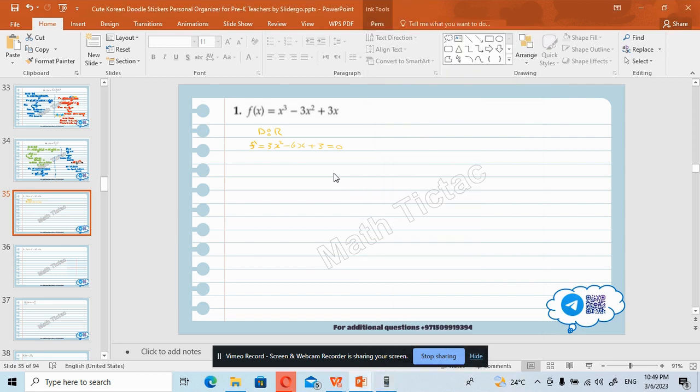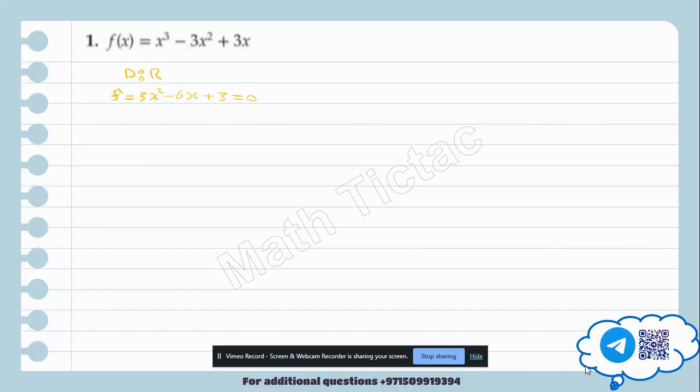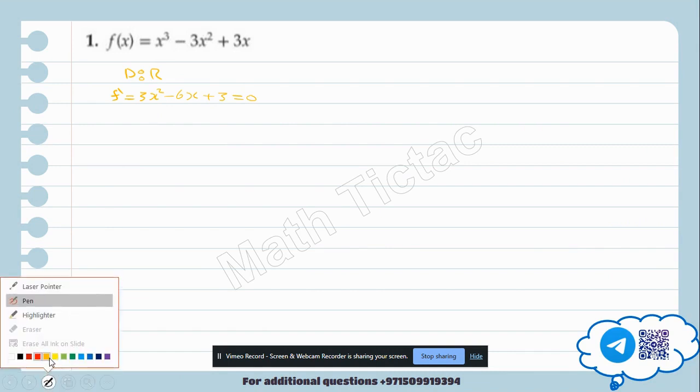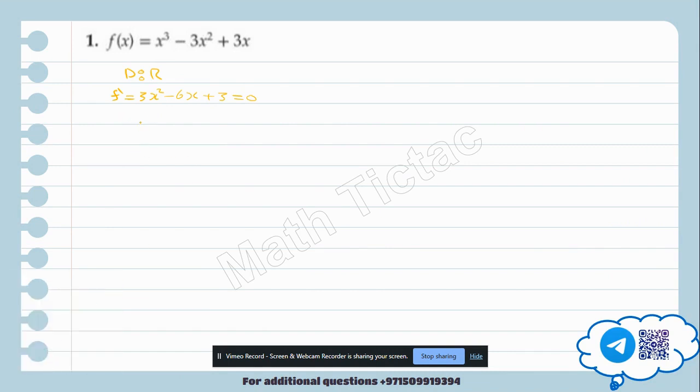That's it. I have x equal to 1 as my solution. So let's go back to this. x equals 1. Is it included? Yes, it's included.